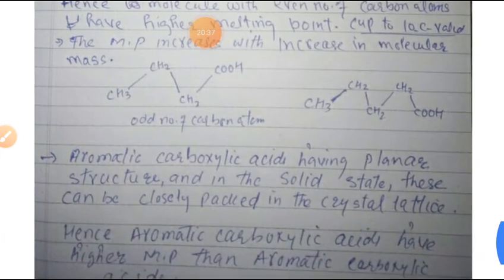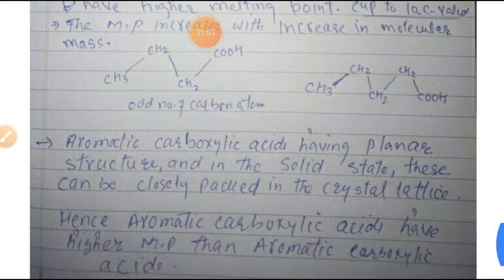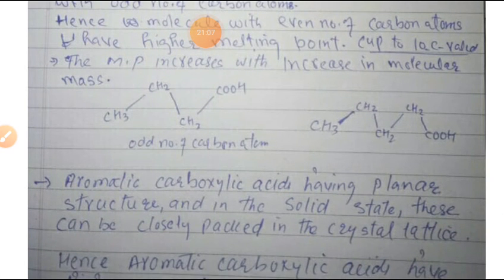Clear? As you know about amorphous and crystalline solids, amorphous solids have a lower melting point, and crystalline solids have a higher melting point. It is because in case of crystalline solids, they form long range order. Similarly, in case of even-membered aliphatic carboxylic acids, their close packing is more efficient than that of the molecule having an odd number of carbon atoms.